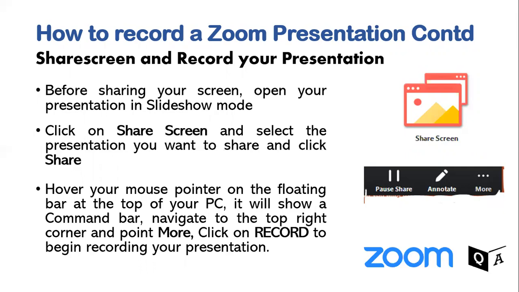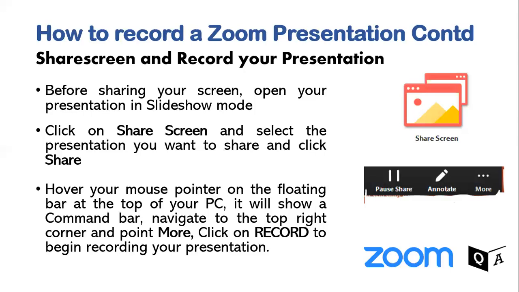Now to start recording, you will see a floating bar displaying your personal Zoom ID. You need to hover your mouse pointer on the floating bar. The floating bar could be at the top of your PC or at the bottom of your PC. When you hover on it, it will show you some menu.